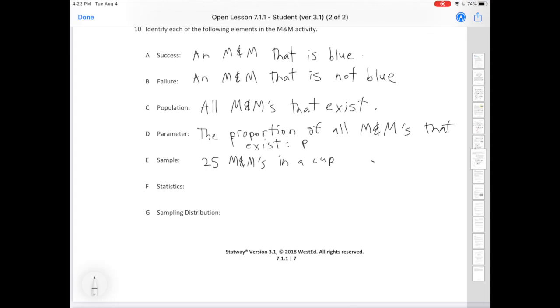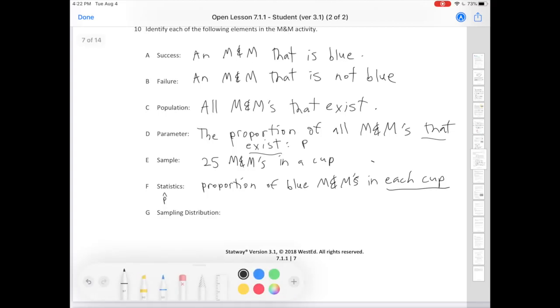What are the statistics? Remember, the statistic, this is P hat. What would that be? This is the proportion of blue M&Ms in each cup. Right? So the difference between P hat and P is that P is the proportion of all M&Ms that exist, and this is the proportion of, sorry, I wrote something wrong earlier.